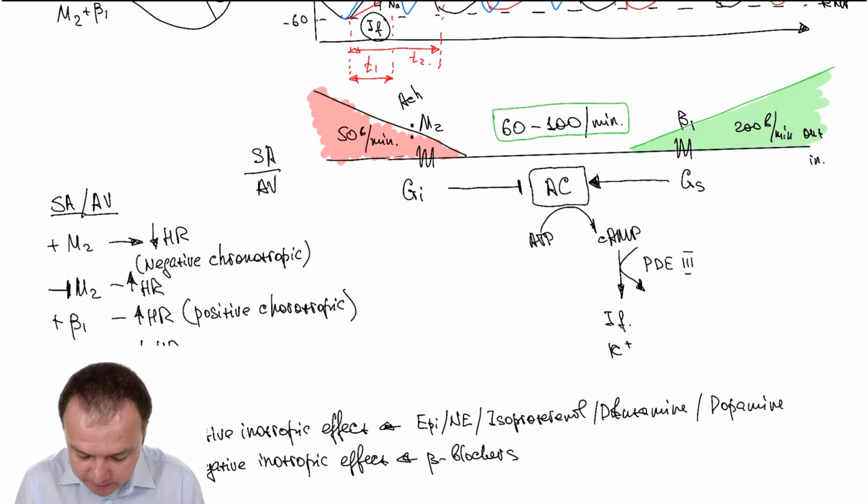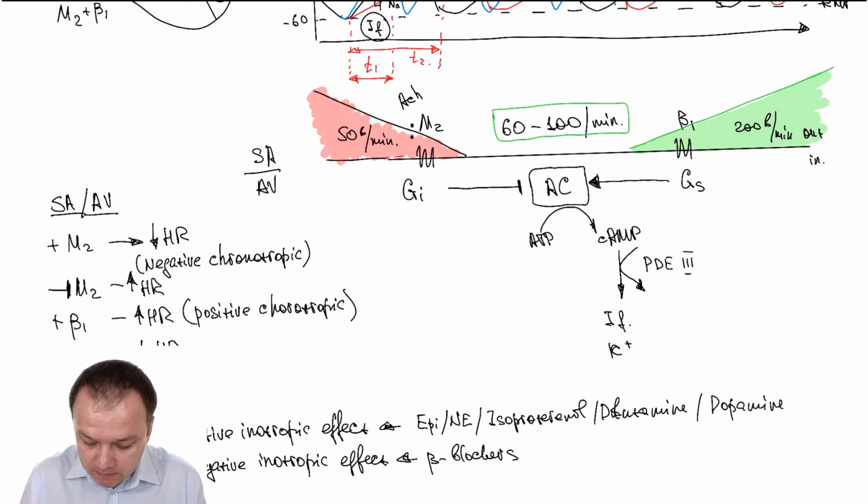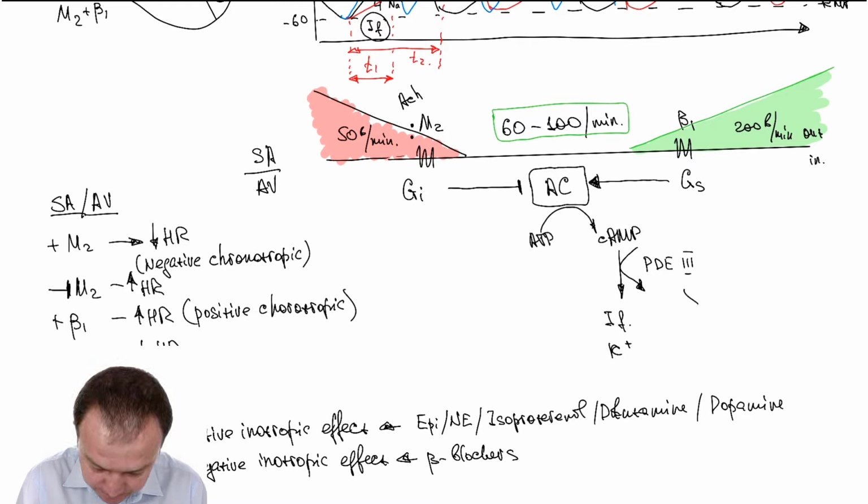Because this is important for modulation of cardiac activity, as we have drugs that inhibit phosphodiesterase type 3, called milrinone, inamrinone.